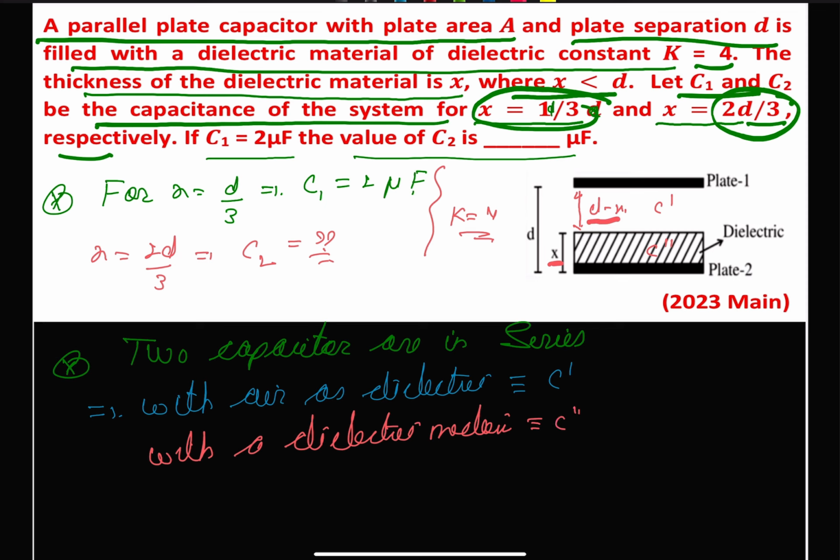For C prime, the thickness is D minus X, and for C double prime, the thickness is X.